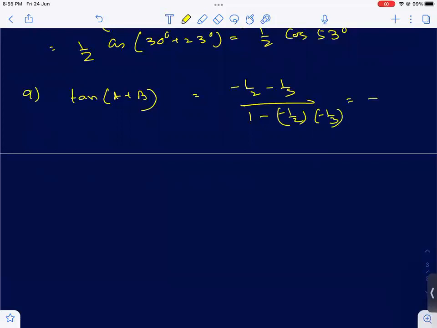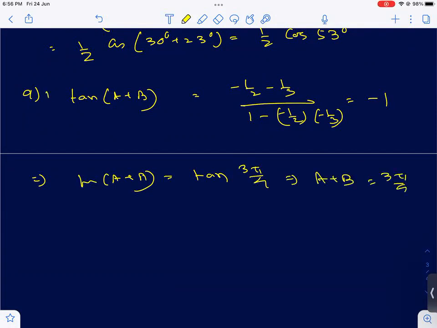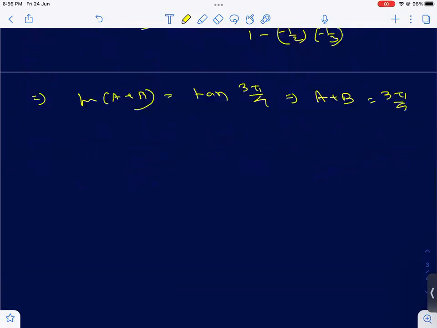If you calculate, it comes to minus 1. Therefore tan A plus B equal to tan theta, minus 1. Theta is 135 degrees, which is very important to remember. So A plus B equal to 3 pi by 4. For 9, it is the second option, B.